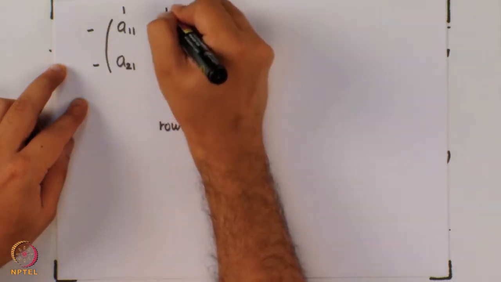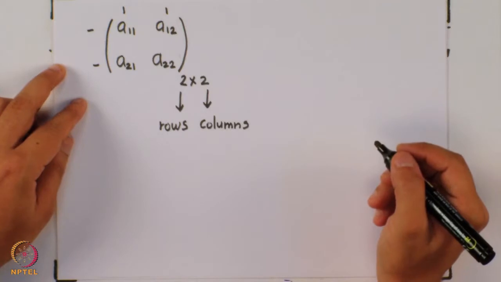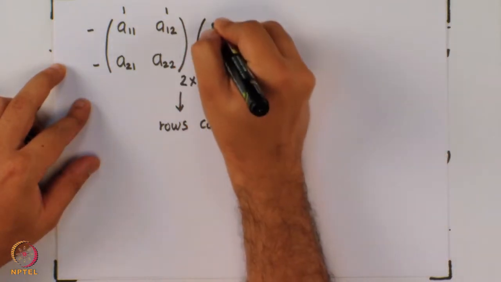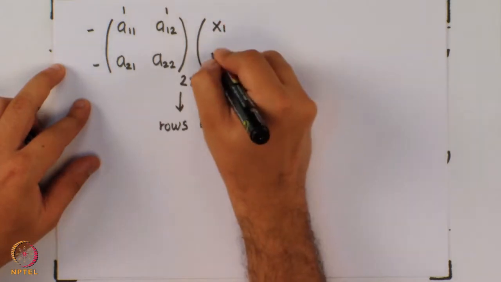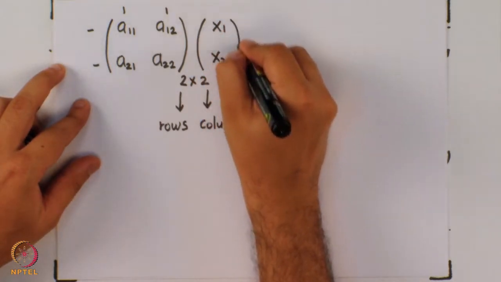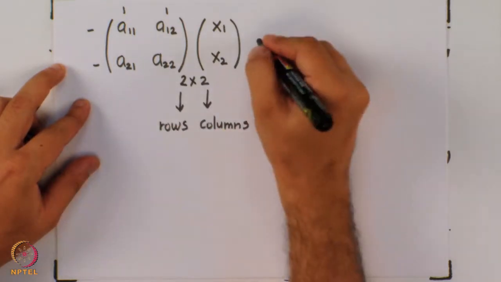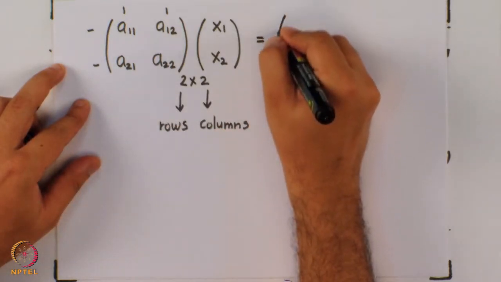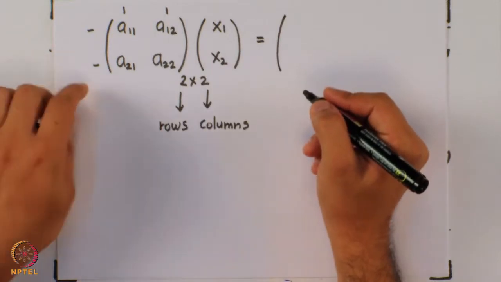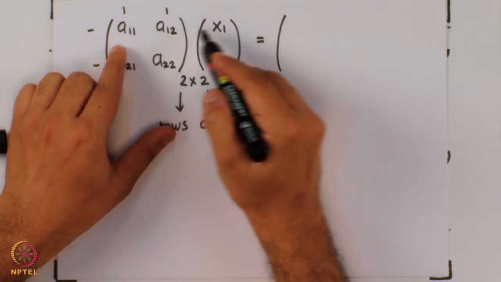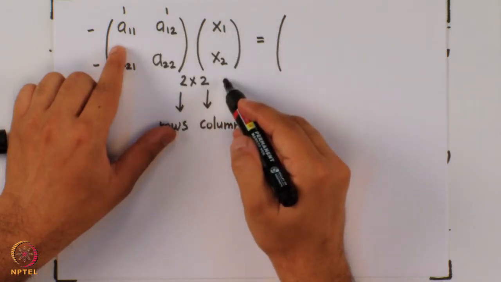These are the 2 columns. So this is a 2 cross 2 system. Now when this matrix multiplies with a vector, which is x1, x2, the rules of multiplication between a matrix and a vector are that this would give me a vector whose elements are, the first element is given by the first row of the matrix times the column vector.